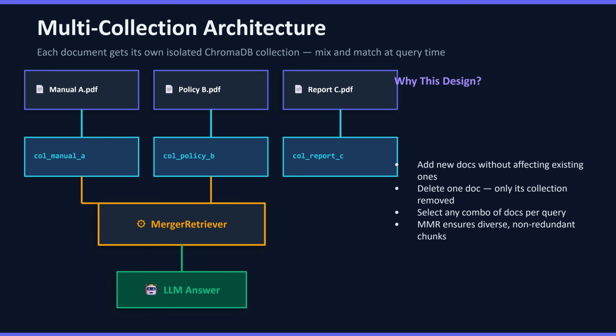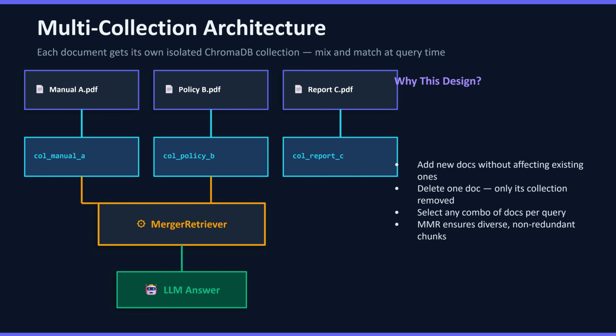The most important architectural decision in this project is why each document gets its own isolated Chroma DB. A naive implementation would put everything in one big vector database collection. You upload 10 documents, you have 10,000 chunks all mixed together. This creates a problem when you search for relevant chunks.